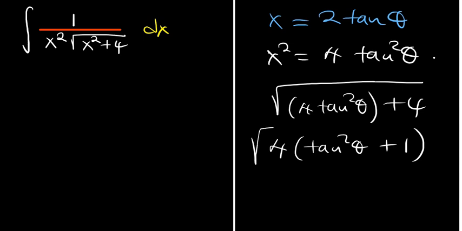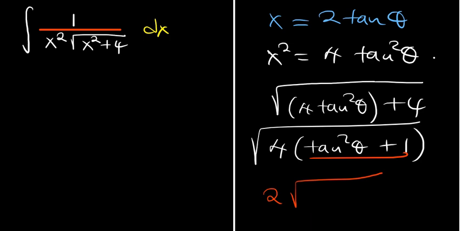So we have a square root of that. The square root of 4 can be found, so we have a 2, and it's pulled out away from the square root. Now this identity again is something you should be very familiar with: tan squared of theta plus 1.